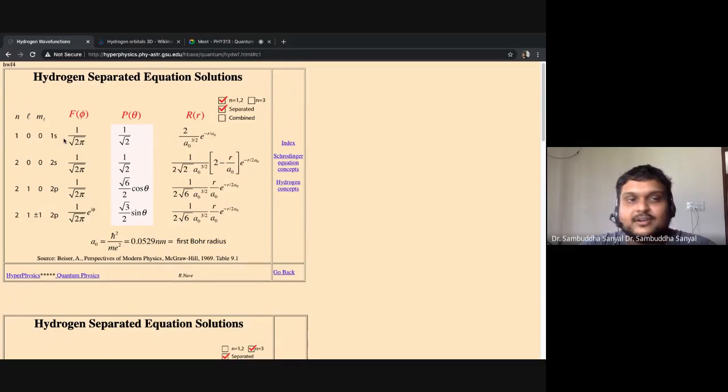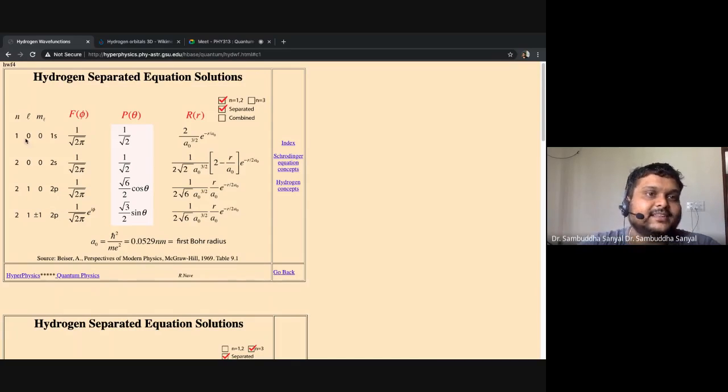L equal to 0 is called S orbital. L equal to 1 is called P orbital. L equal to 2 is called D orbital. L equal to 3 is called F orbital. Similarly they keep naming this way, and the naming doesn't have a very sequential structure, like it is not ABCD, it is just SPDF.